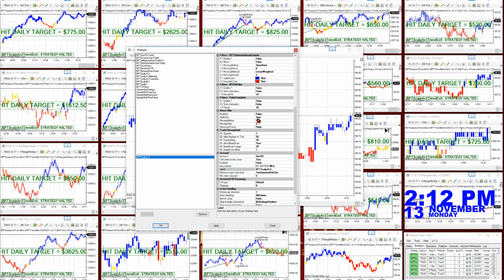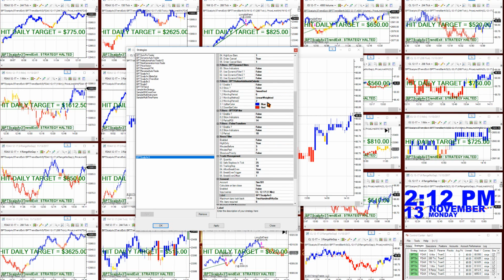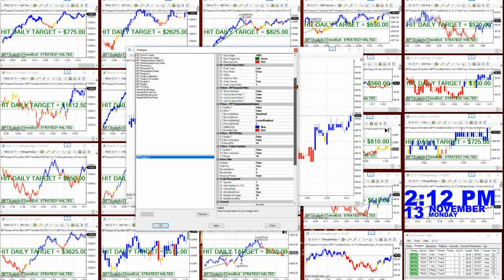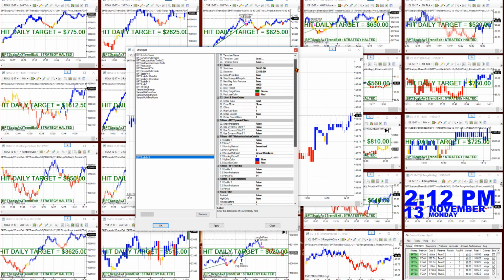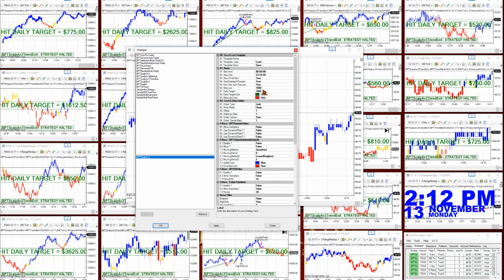Then you have the news filter, like any other auto trade. Then we have 3 filters here. It's optional to the trader, but the auto trade is already filtered. And then you have your daily profit and loss, so you can determine how much you want every day.